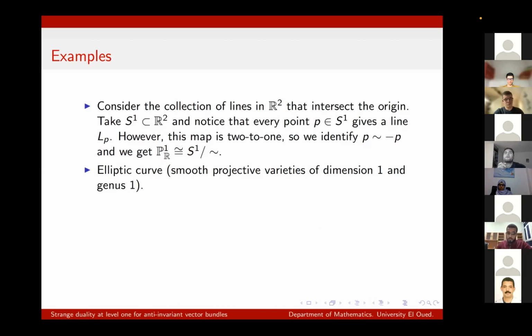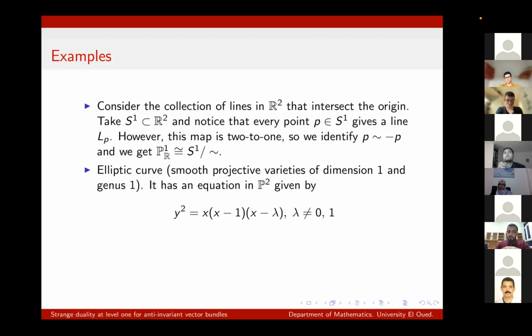That means the genus equals 1. Elliptic curves are known to have a special type of equation of the form y squared equals x times (x minus 1) times (x minus lambda), for lambda different from 0, 1. This is called the Legendre form equation, which gives you an embedding of the elliptic curve inside P2.